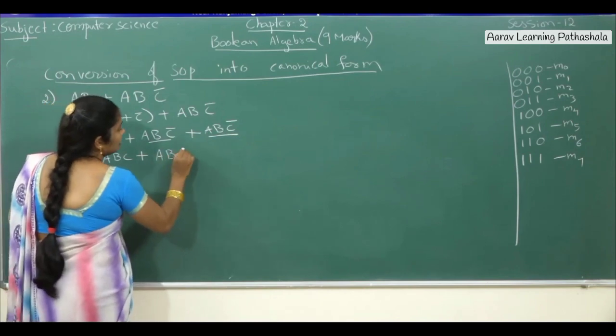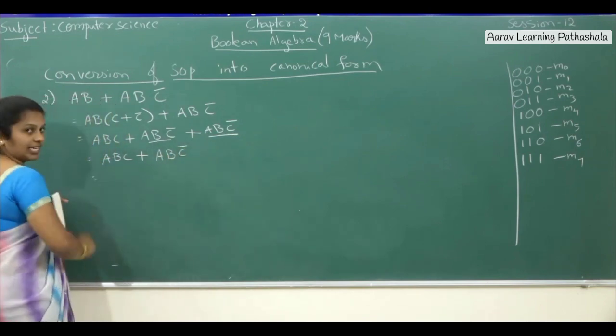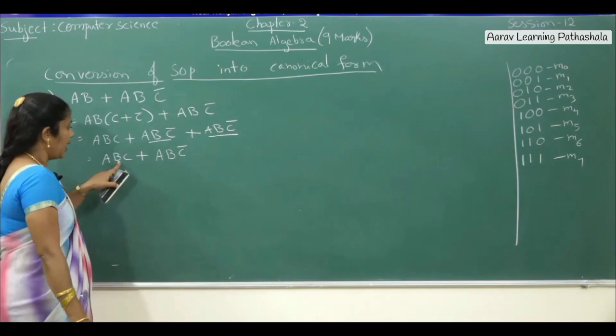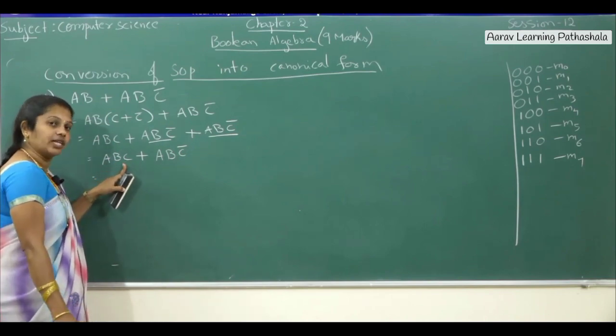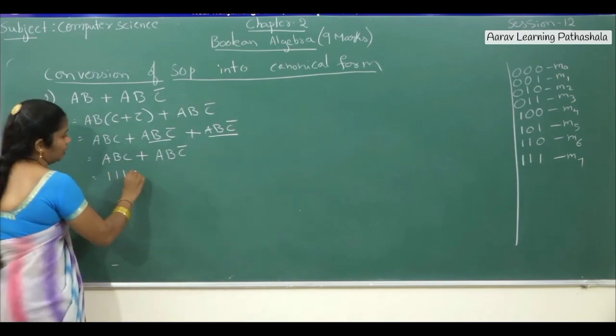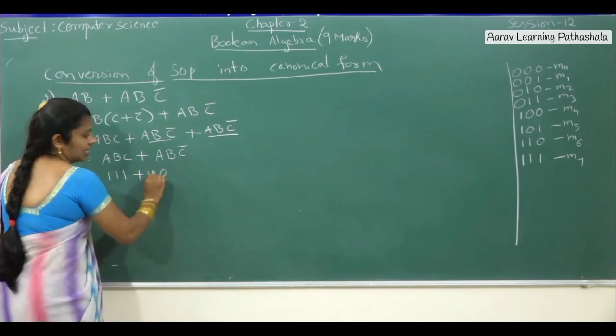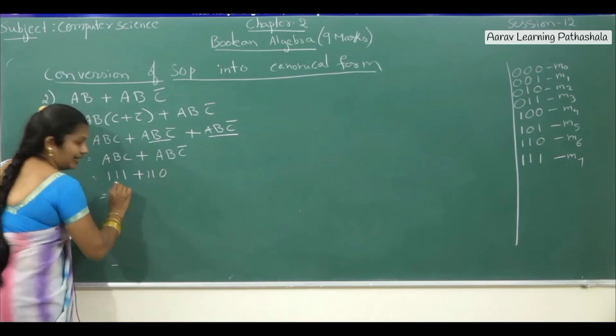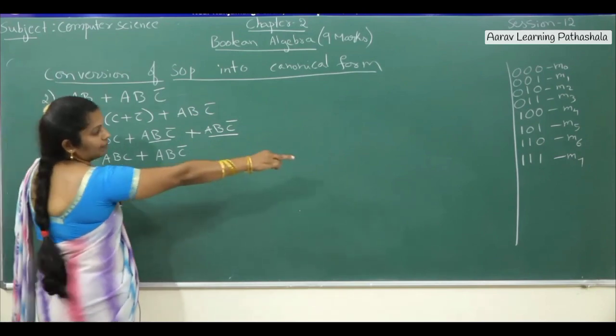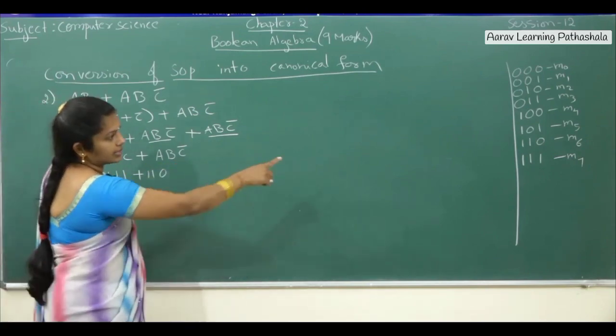Therefore, ABC bar. Now write down their corresponding binary values. For ABC, if the variable does not have complement, then 1, 1, 1. Plus ABC bar, then 1, 1, 0. Write down their equivalent designation. Triple 1 represents M7.